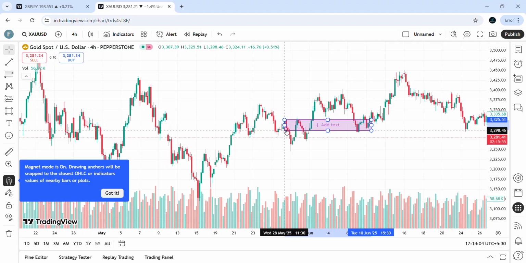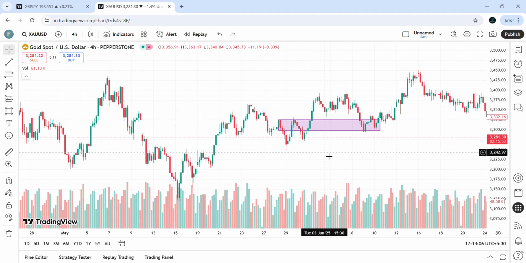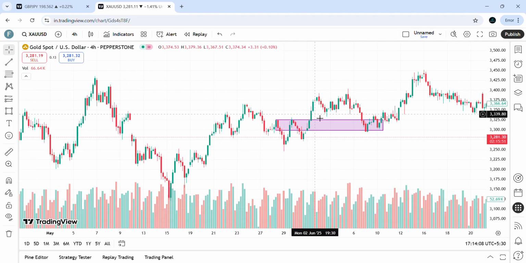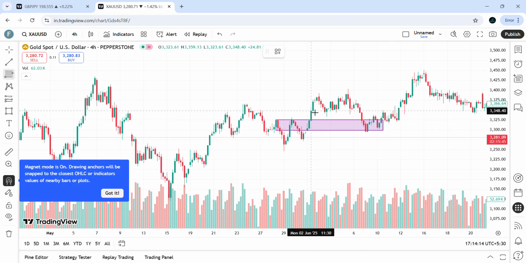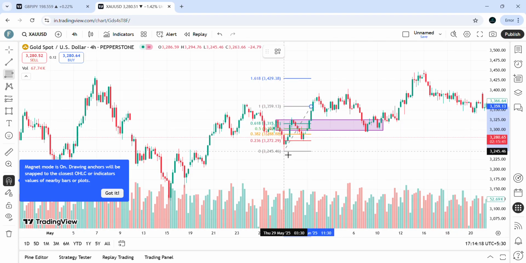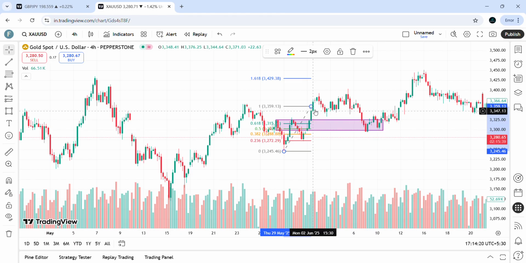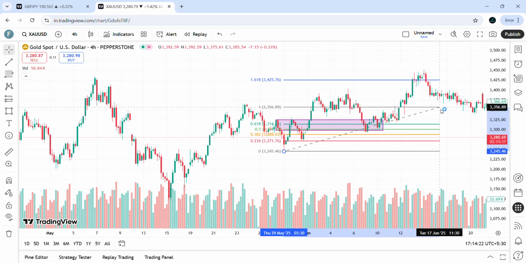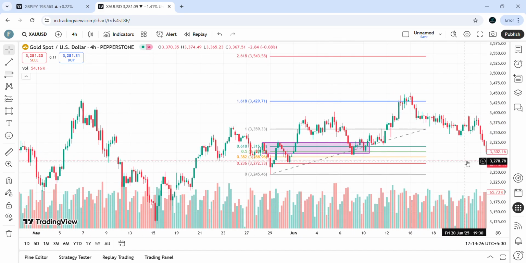So this is the last supply zone. We do the same thing. We will be marking this candle from the top to the bottom, and let's just pull it to the side.